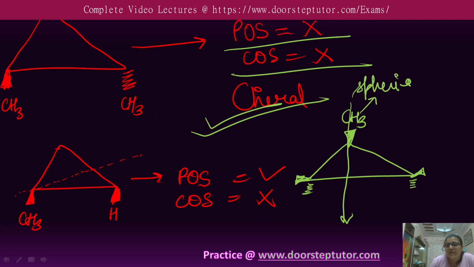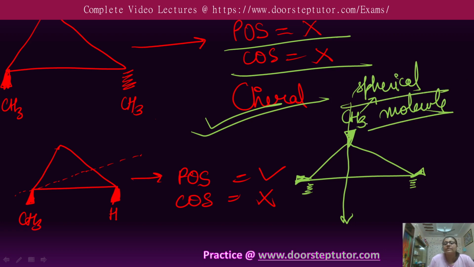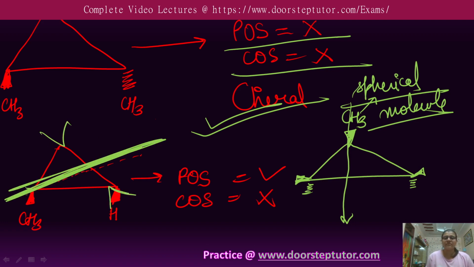The plane of symmetry exists if you bisect the CH3 group from the center along with this carbon atom, just like this, into 2 halves, so that your 2 hydrogens from this side reflect to this side.